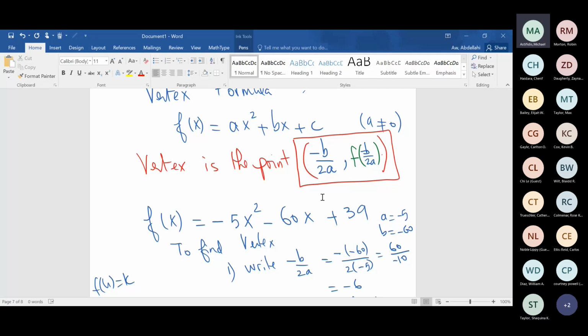Unfortunately, in 163, we sometimes choose not to show you where the formulas come from, because from experience, if we spend time on that, we don't have a lot of time, and it's going to confuse some students, right? For instance, I didn't show you where the quadratic formula comes from.